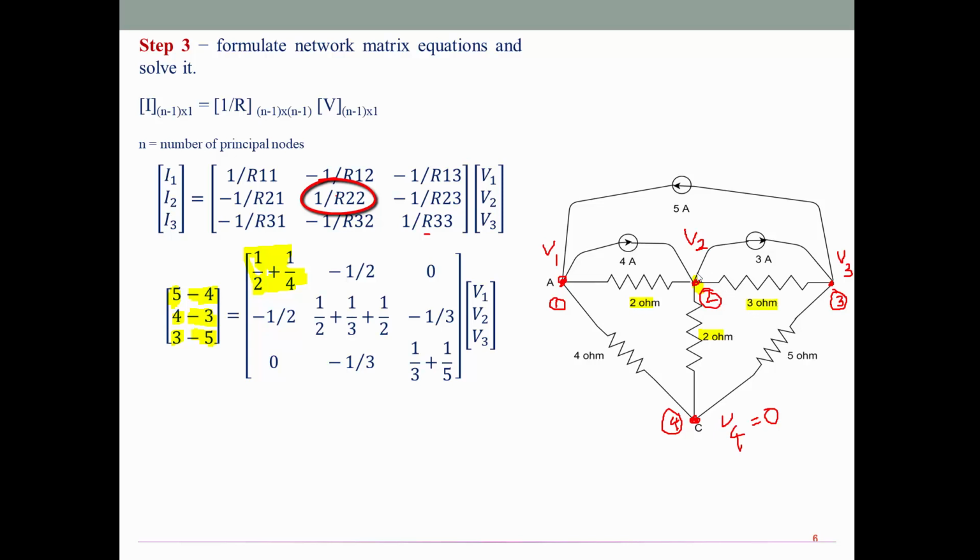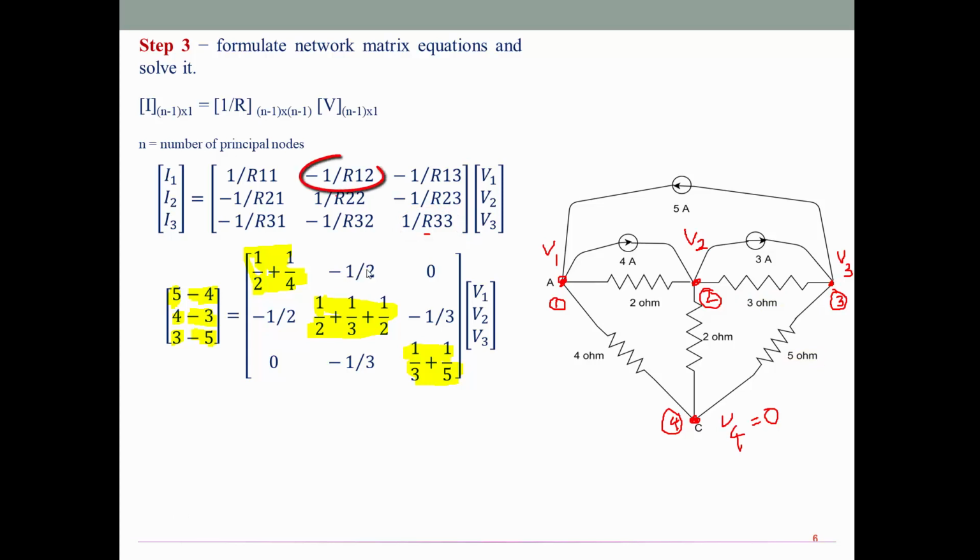So R22, you fill as inverse of sum of these values. Similarly, go for the third node, 3 ohms and 5 ohms connected with this. So third diagonal element may be sum of inverse of these two resistances.